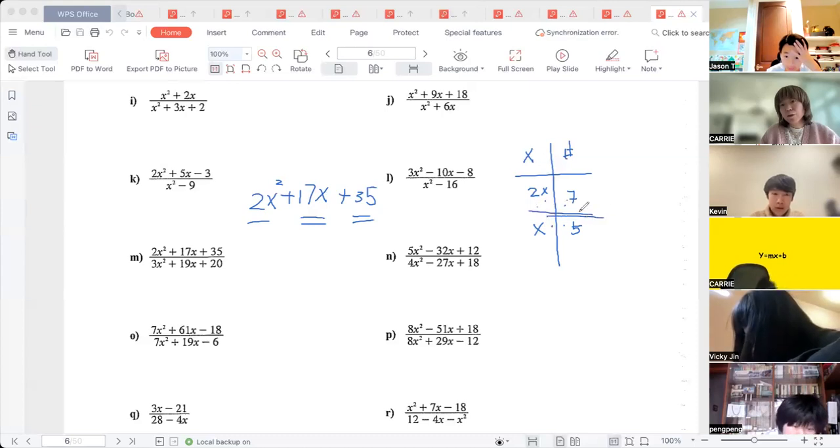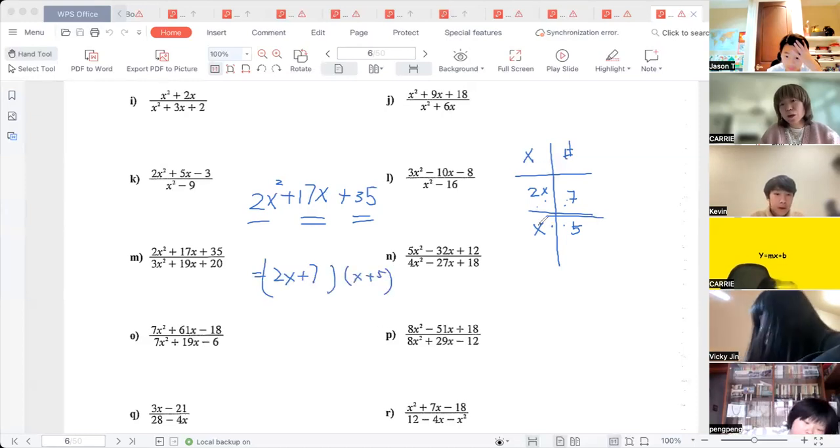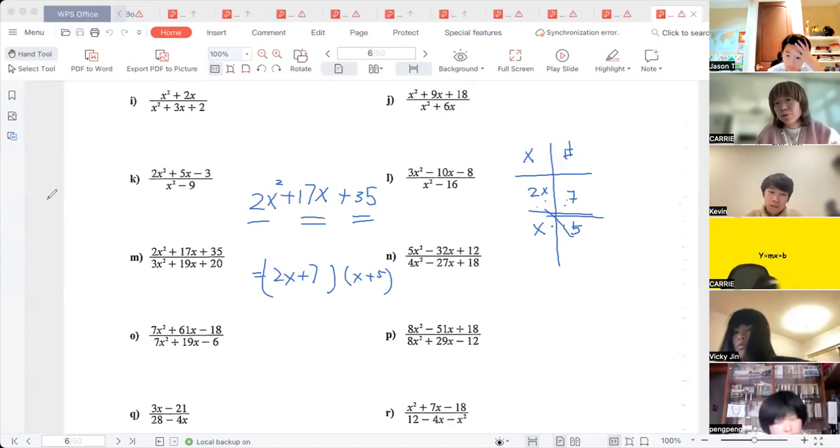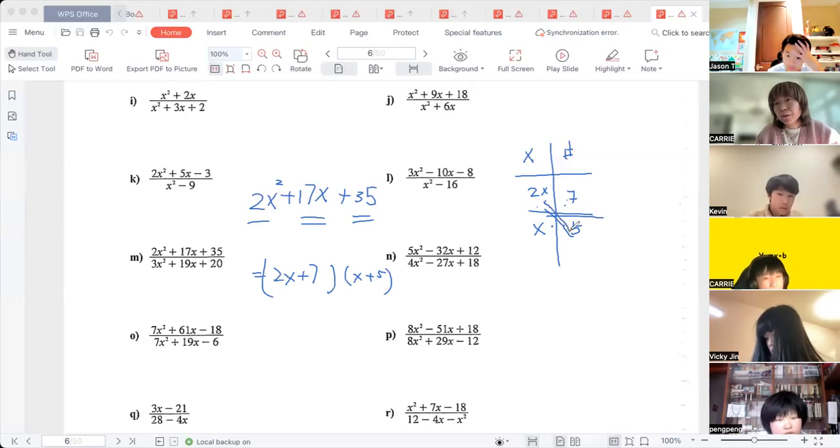Okay, so Kevin, you do them straightforward: 2x plus 7 times x plus 5. You calculate it, you cross multiply them, but when you write down the equation, you do it flatly. So the same thing: when we calculate, 2x times 5 equals 10x, Jason, understand?